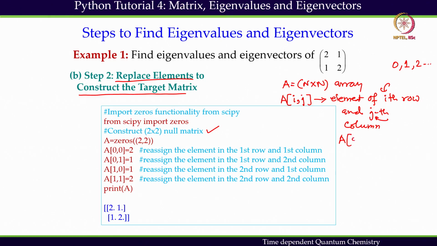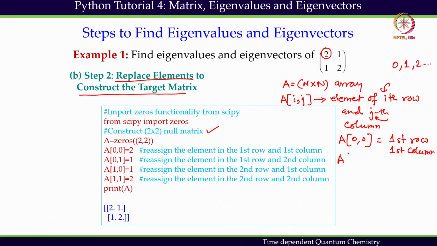So, A00, this index, this construct will return the element in the first row and first column, which means the first row first column element is this one. So, that one I am going to assign.